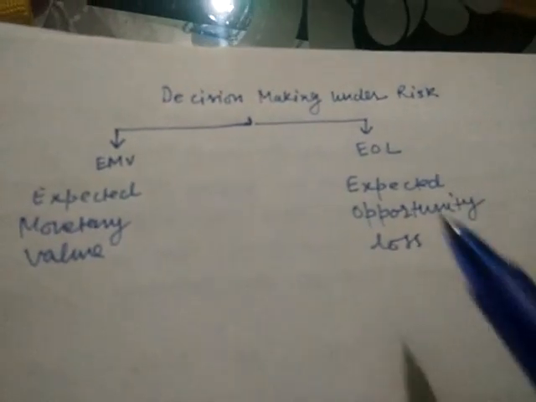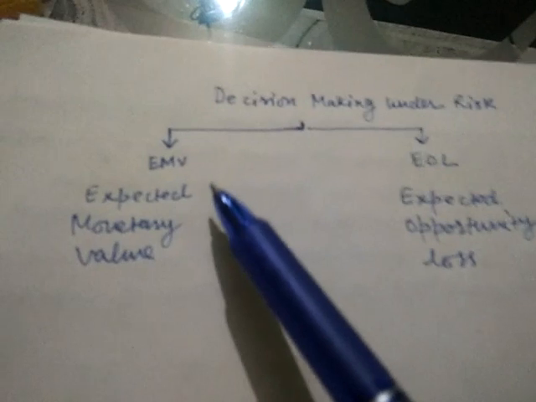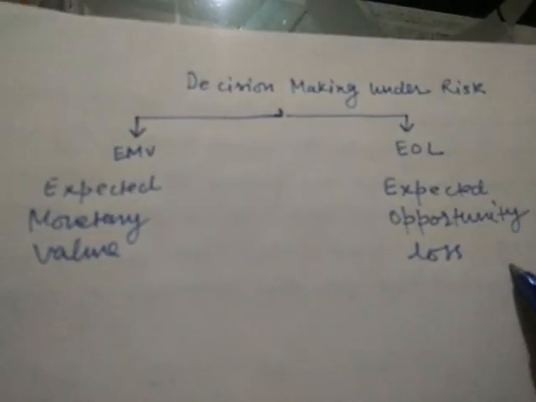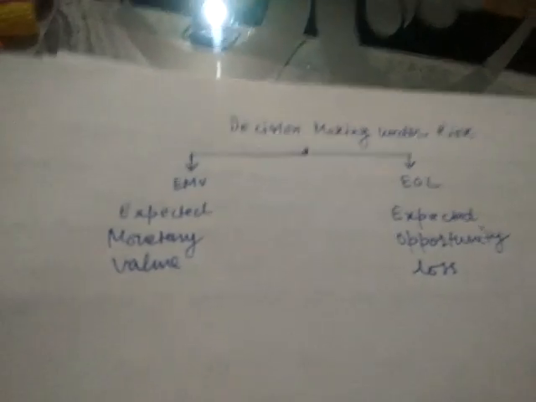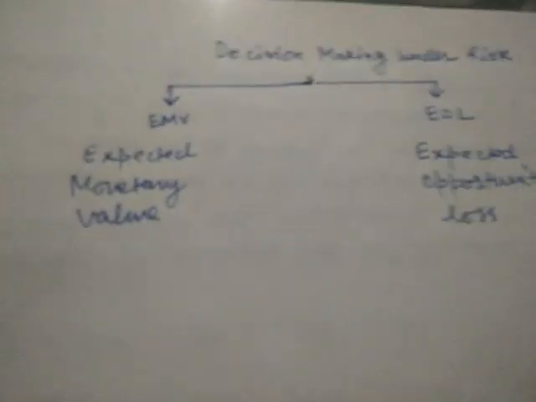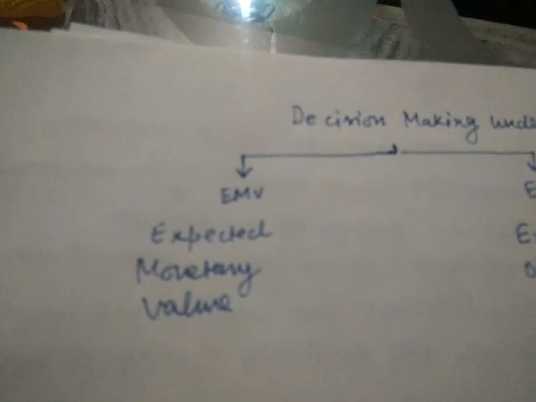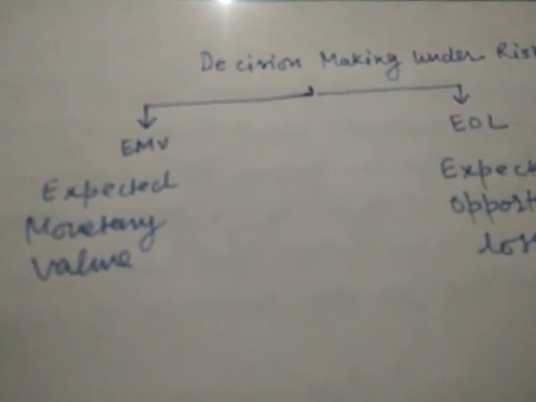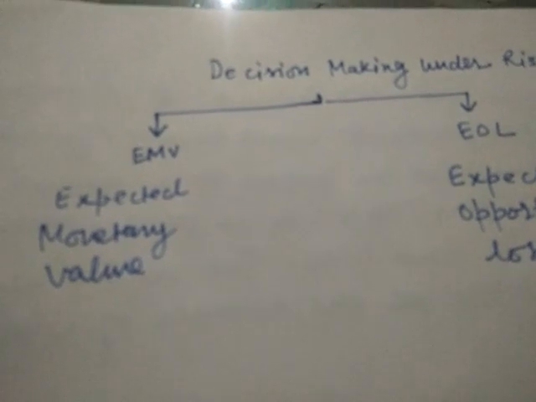So here there are two criteria we are going to use, EMV, expected monetary value, and EOL, expected opportunity loss. First we will take the EMV criterion. It is similar to the Laplace criterion in decision making under uncertainty.